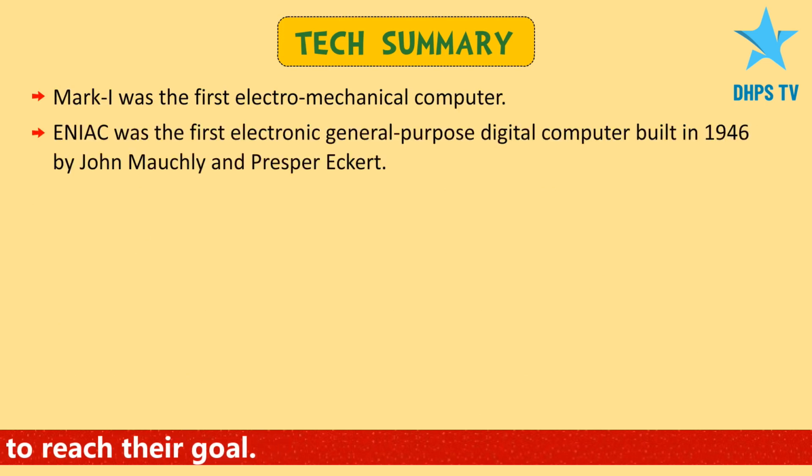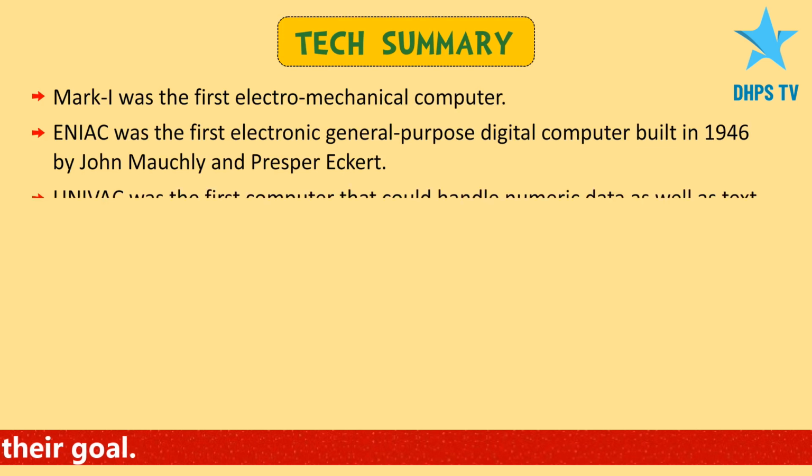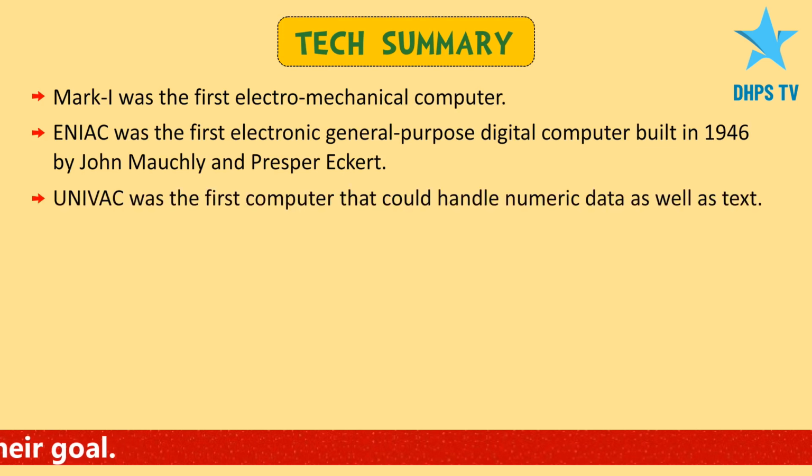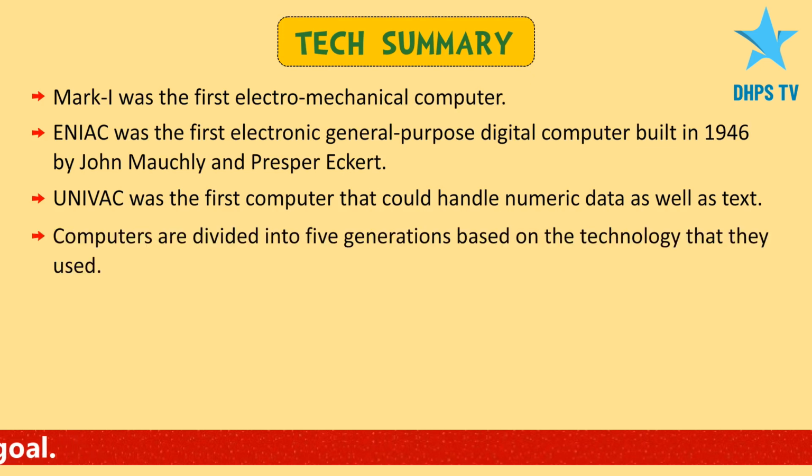ENIAC was the first electronic general-purpose digital computer built in 1946 by John Mauchly and Presper Eckert. UNIVAC was the first computer that could handle numeric data as well as text. Computers are divided into 5 generations based on the technology that they used.